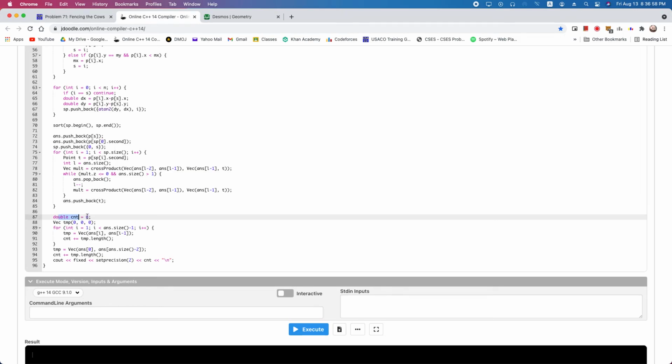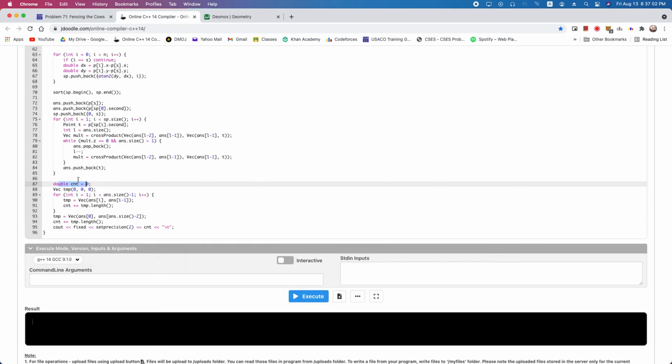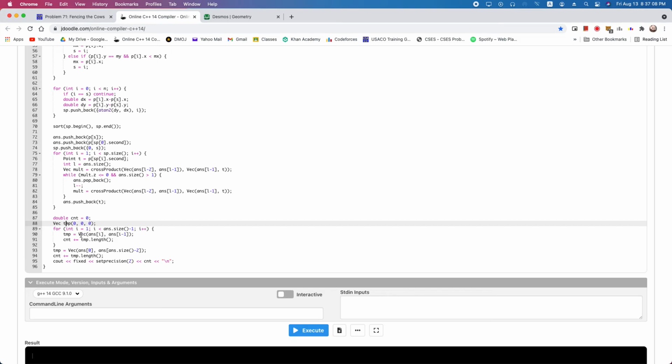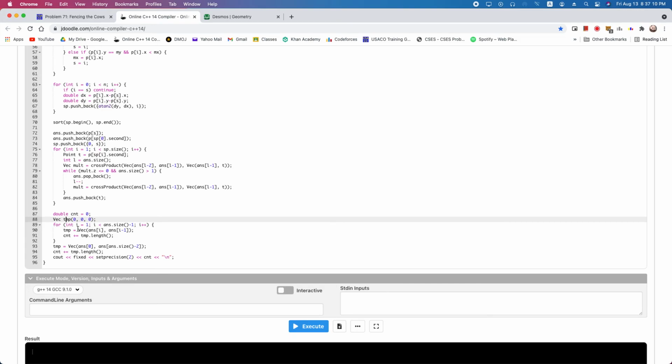And then here, this was the part where we'll finally calculate the length. So the total length required can also be calculated using vectors. And how we can do that is just by creating these 2 points, which are the points that are adjacent to each other in our answer list.